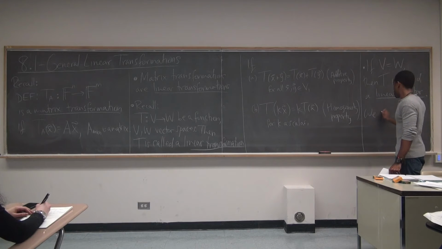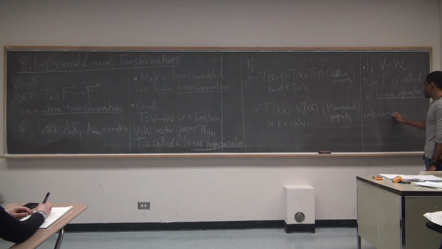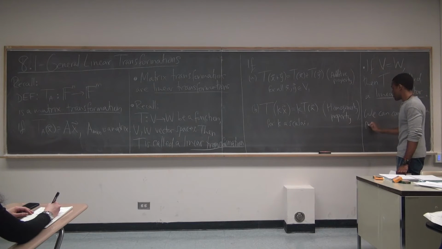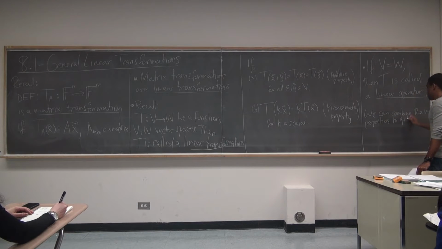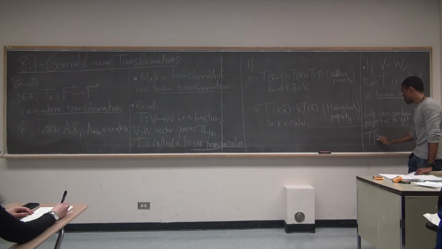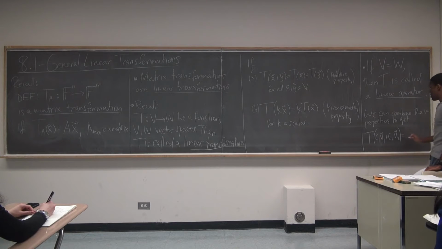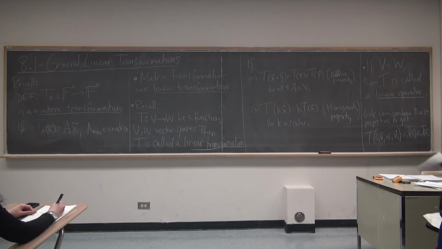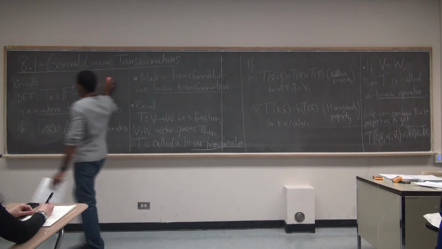An important property, we've used this before, but it's the first time I'm formally introducing it. We can combine these properties to get something like, if I take T of c1 v1 plus c2 v2, then I can write this as c1 times T of v1 plus c2 times T of v2. You just apply the additive property first, then the homogeneity property second, and you can split things up.